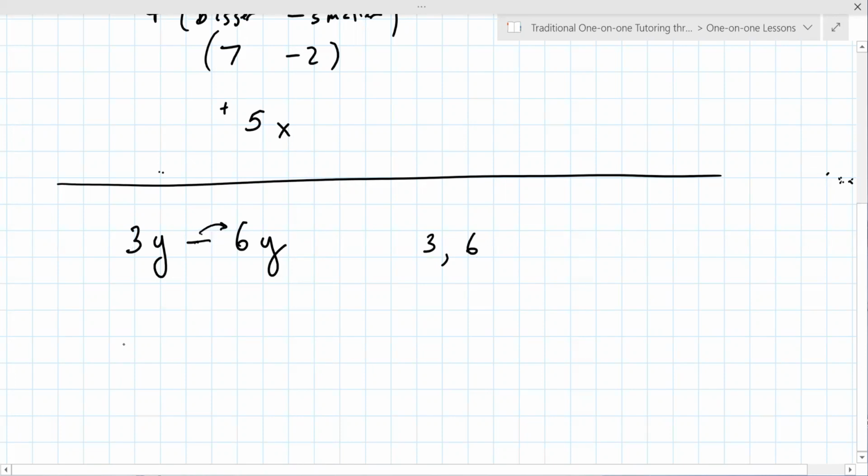Negative. So we know our answer is negative, and then you take the bigger and you subtract the smaller. So 6 minus 3 is 3, and then you bring this negative down with it, and then the y is here.